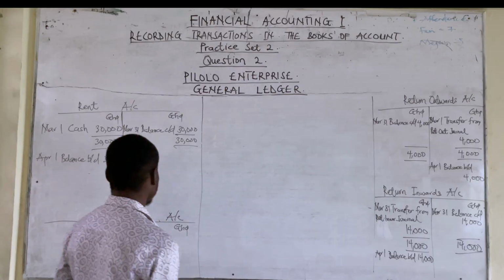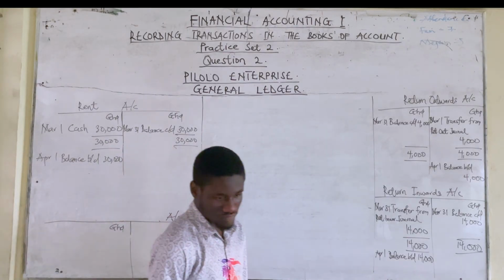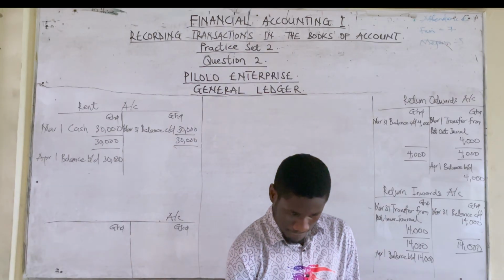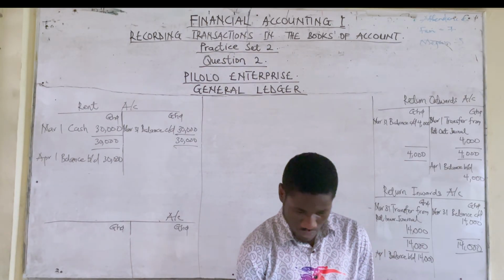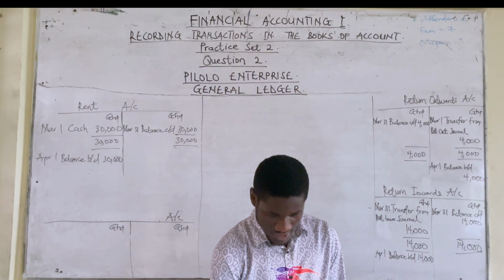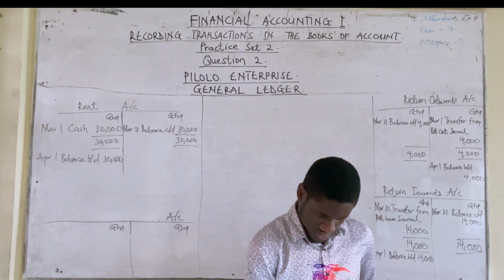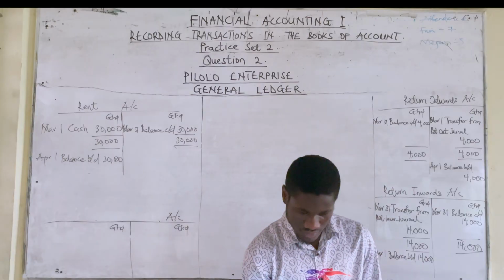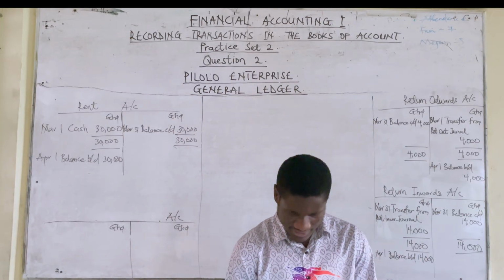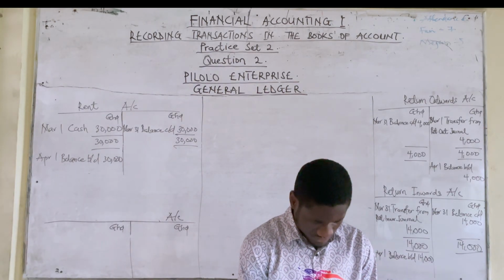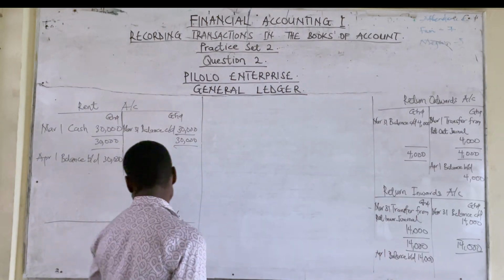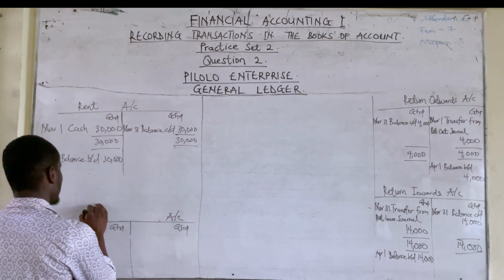Yes. Then we move on to insurance. Yes, there was a transaction involving insurance, which was on March 16th. Good. So we are going to open our insurance account.